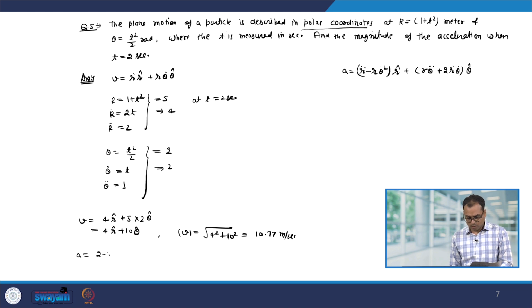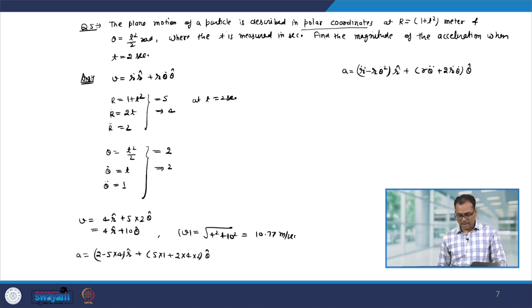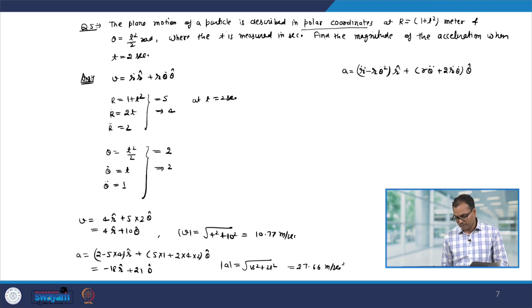So, this is 2 minus 5 into 4 r cap plus 5 into 1 plus 2 into 4 into 2 theta cap, which is nothing but minus 18 r cap plus 21 theta cap. Therefore, the magnitude of a is square root of 18 square plus 21 square, which is 27.66 meter per second square.